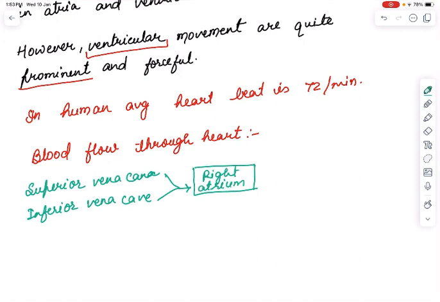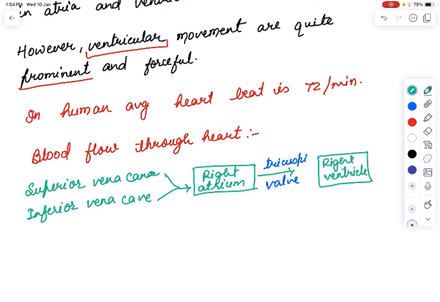Now from the right atrium, the blood will flow through the tricuspid valve to the right ventricle, and from here it will move through the pulmonary artery, and through this pulmonary artery it will move to the lungs.